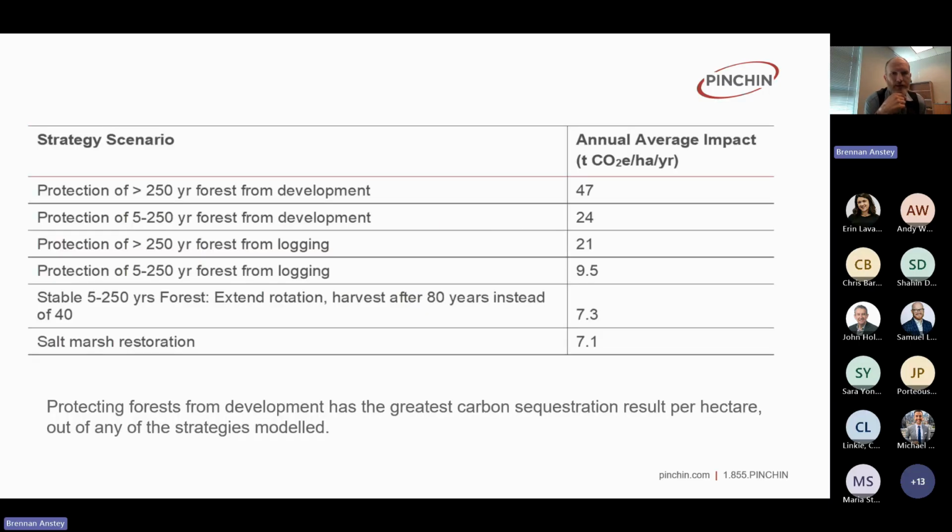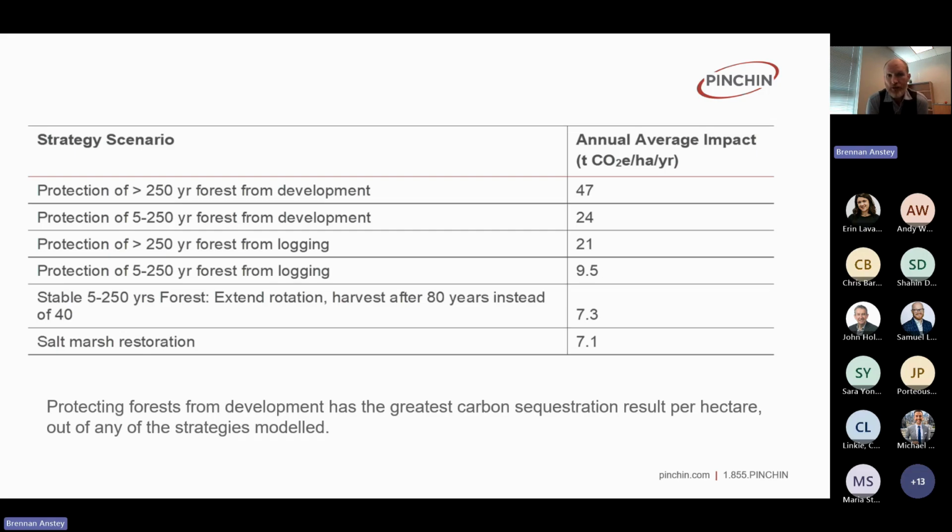So here we're getting closer to the punchline of answering the question, where protection of forests from development, although it may be somewhat of an uncomfortable result because it makes it challenging to manage. You know, people want to develop land, they want to use it. But developing that land to the state where it can no longer be a forest has huge carbon impacts, and actually the biggest carbon impacts of all the different scenarios that we modeled.